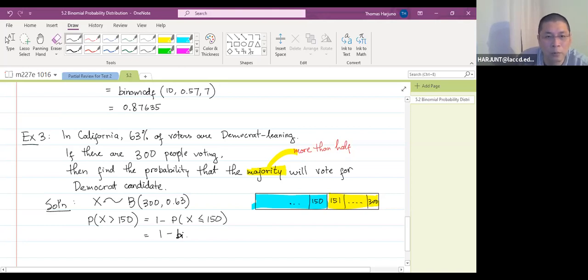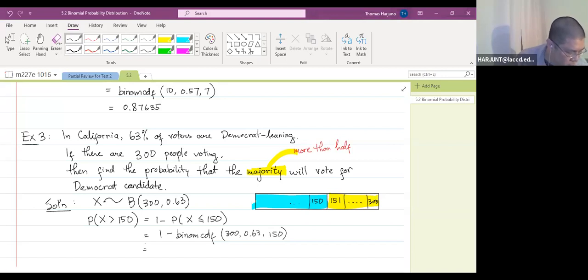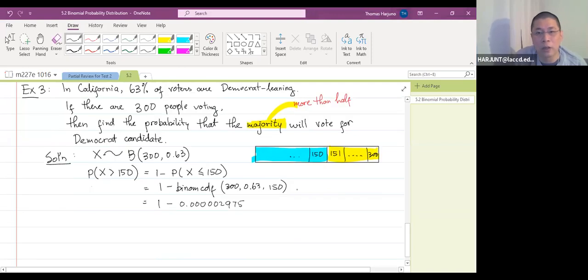This is binomcdf(300, 0.63, 150). I get 1 minus, the number I get from the calculator is 2.975 blah blah blah e negative 6.